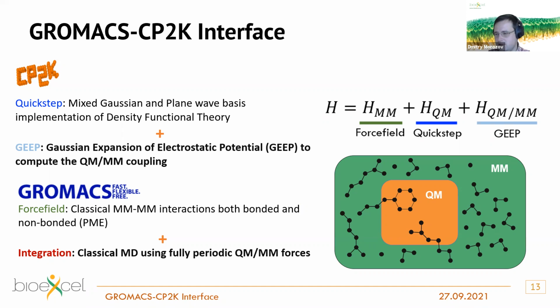Periodic, I mean, in the sense of periodic boundary conditions. And for integration and for performing dynamics and minimization, we use GROMACS. It's the main driver of the trajectory integration in our case.